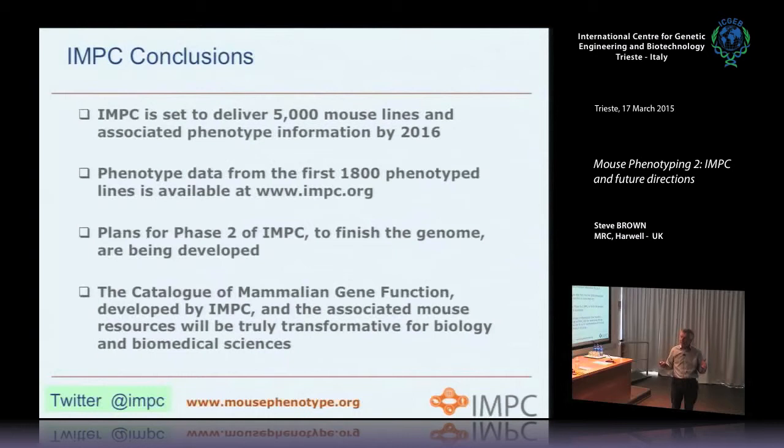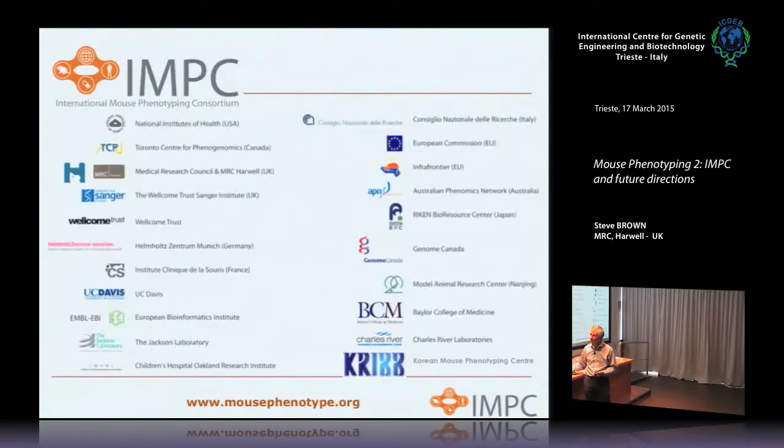We're planning phase 2 to finish the genome, and we do believe that that catalog of mammalian gene function that we're generating will be transformative for biology and biomedical sciences and will be of real utility to everybody who's doing mouse genetics around the world. And we've also got a Twitter account as well. So if you look on Twitter, you'll see tweets of new phenotypes, etc., that have been developed. So that's kind of fun as well.